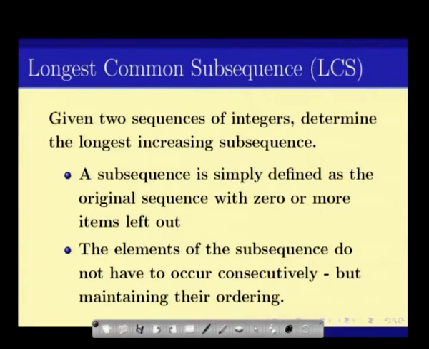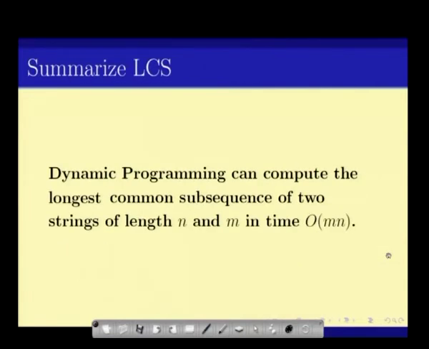We saw in the last lecture that one can use dynamic programming to compute the longest common subsequence of two strings of length n and m in time order n m. I will now give you a very simple algorithm using this to compute the longest increasing subsequence.